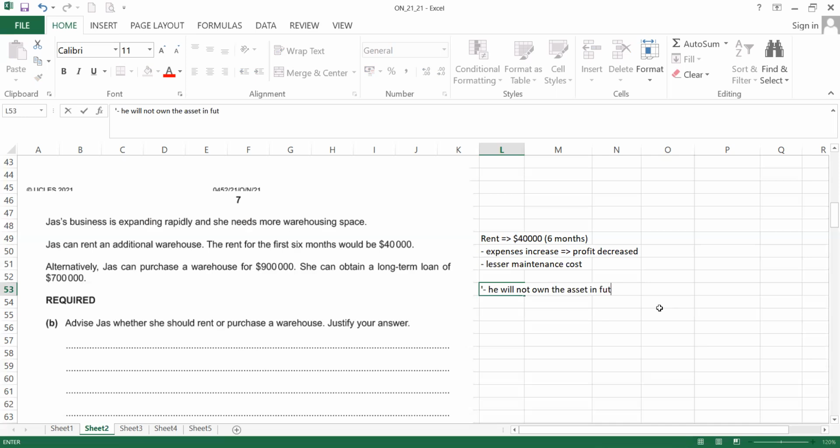In future, this asset could be sold to get capital, but he will not be able to get it because he does not own the asset.